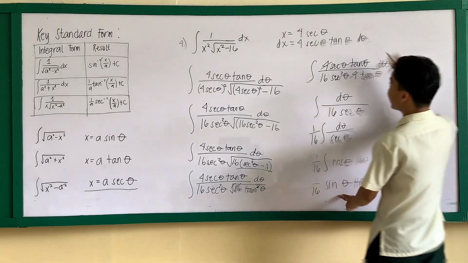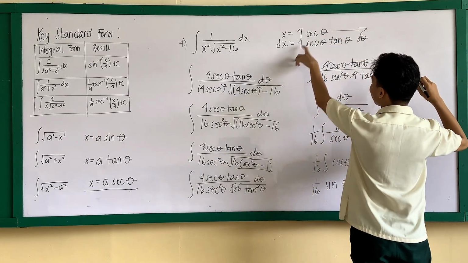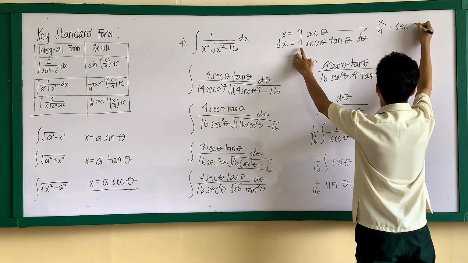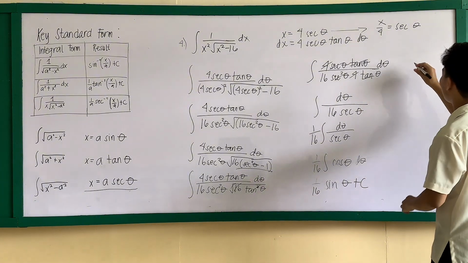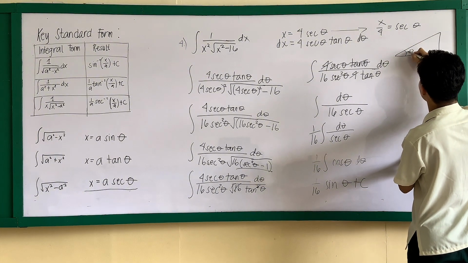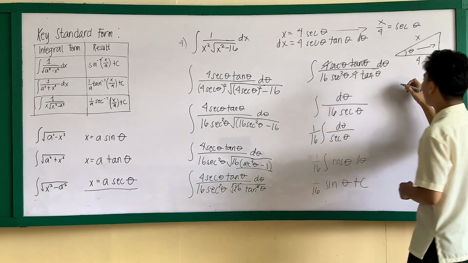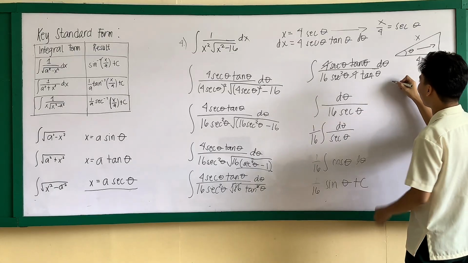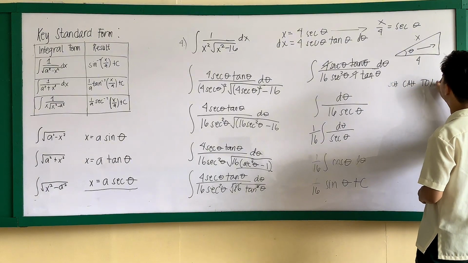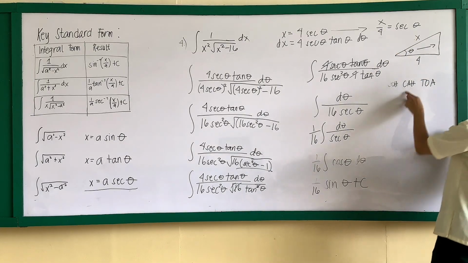So now we're going back here. So we need to divide both sides by 4. It's going to be x over 4 equals secant theta. Since the reciprocal of secant is cos, we will now use cos.